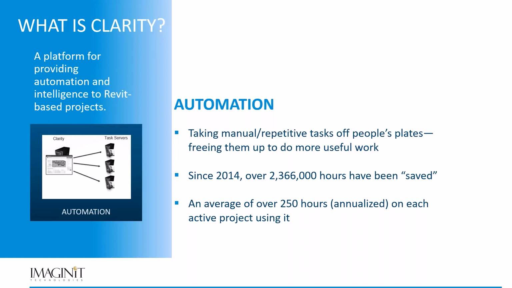We felt that once it's been defined how a particular task should be done on a project, if it's a manual and repetitive task, especially one related to Revit or CAD, there's no reason why a robot couldn't be more effective at doing that automatically or in the middle of the night, rather than tying up a person's machine and interrupting a person to do that kind of work.